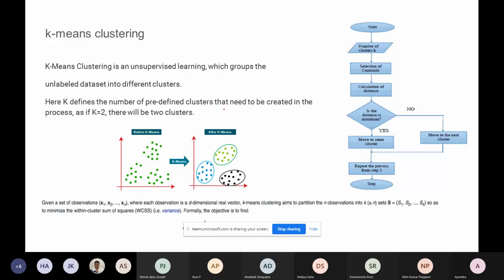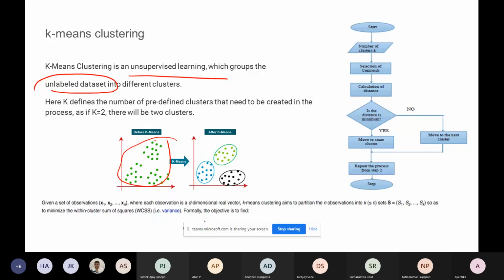Okay. In k-means clustering, we call it unsupervised learning. I hope you know the terms unsupervised and supervised. The first day we mentioned that it groups an unlabeled data set. Initially, maybe you have some scattered data, and there is no label associated with it.